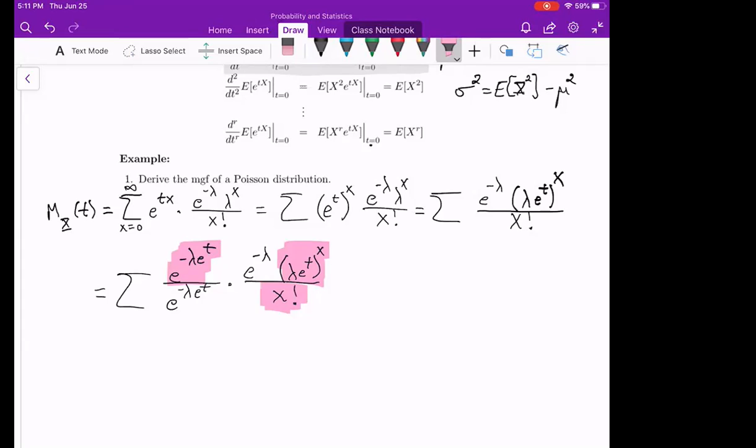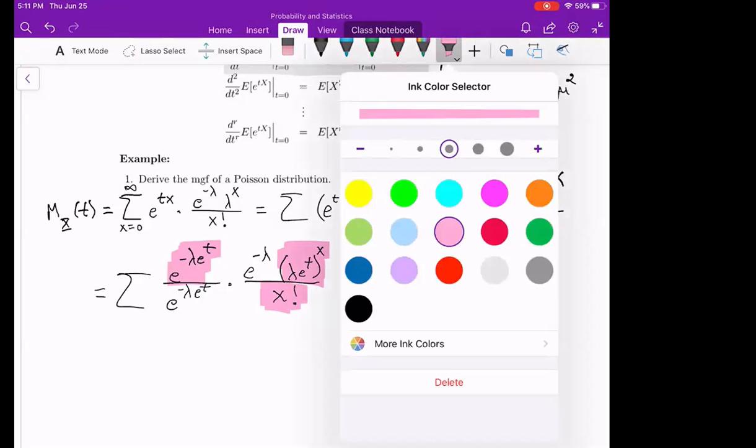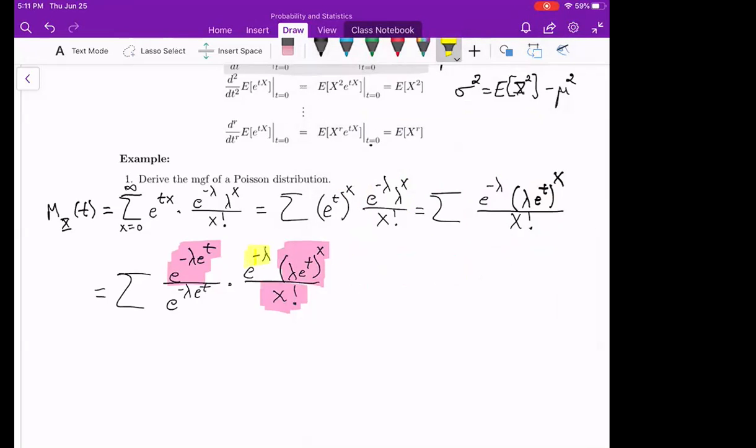What I also notice is that these parts that I'm highlighting in yellow are not dependent on x. Remember that my summation here is all with respect to x.